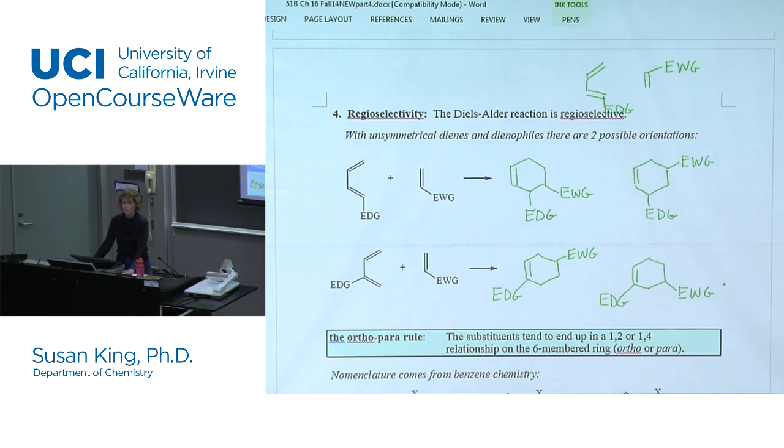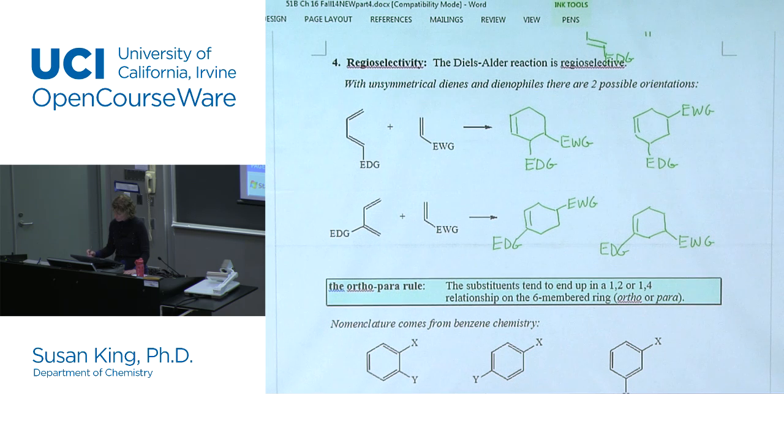That leads us into the ortho-para rule. Ortho-para is new terminology that we'll talk about more in chapter 17. We get this nomenclature from aromatic chemistry.